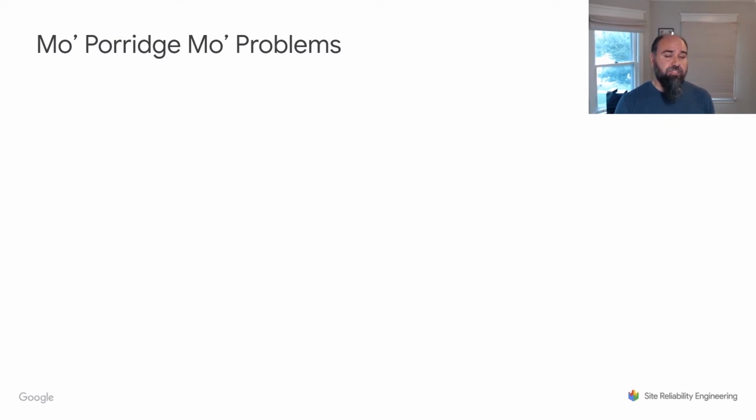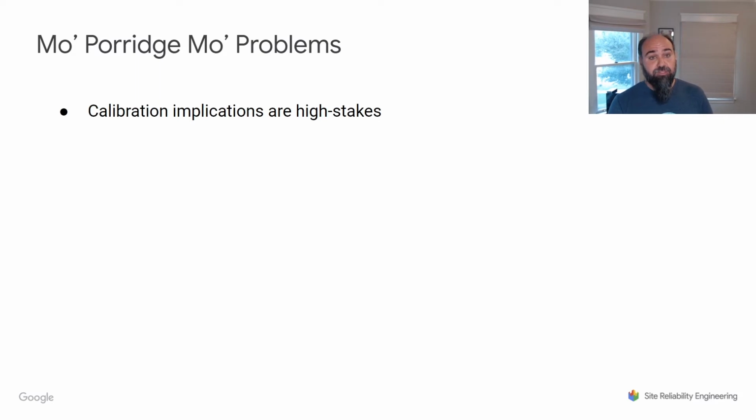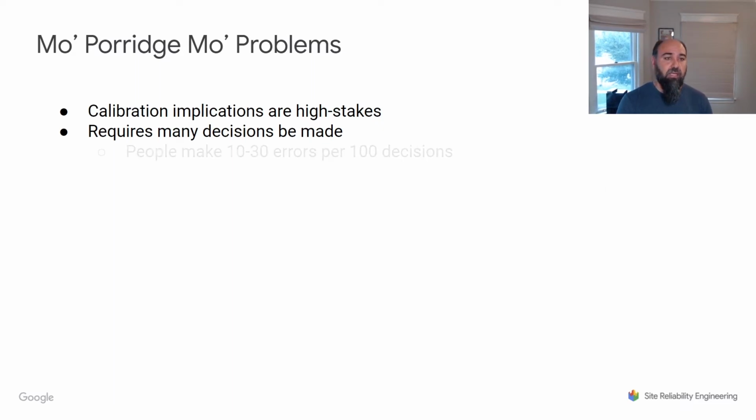Okay, and so there are additional structural problems that we have here. Like I was just describing, calibration implications are incredibly high stakes. Making these decisions incorrectly means that you go from potentially being able to see problems to not. We need to make lots and lots and lots of decisions because all of these metrics are narrow, and so that means that we're constantly deciding new thresholds to reason about our services.